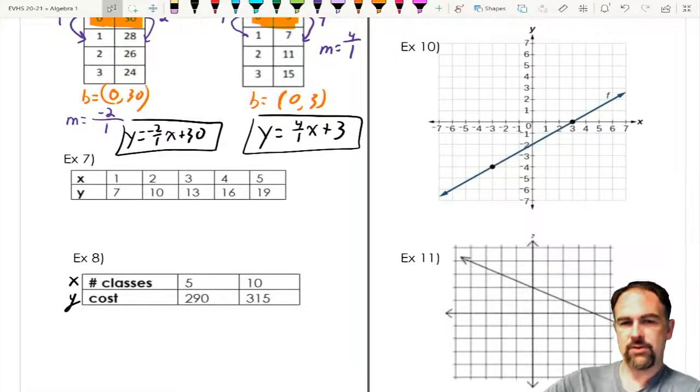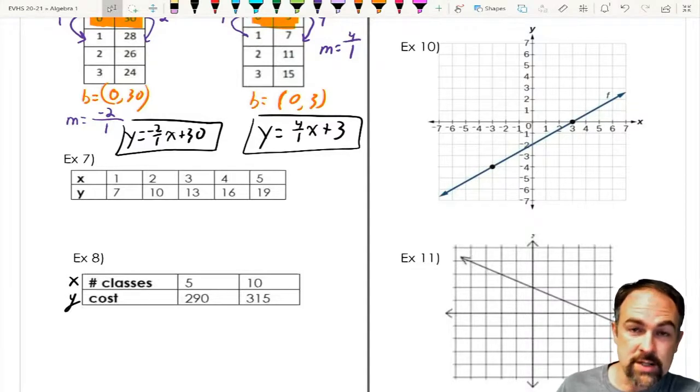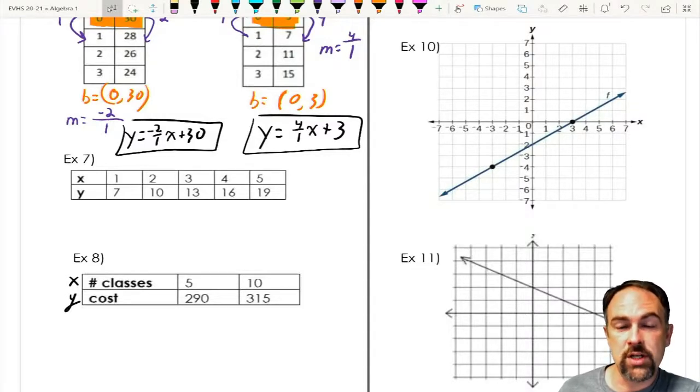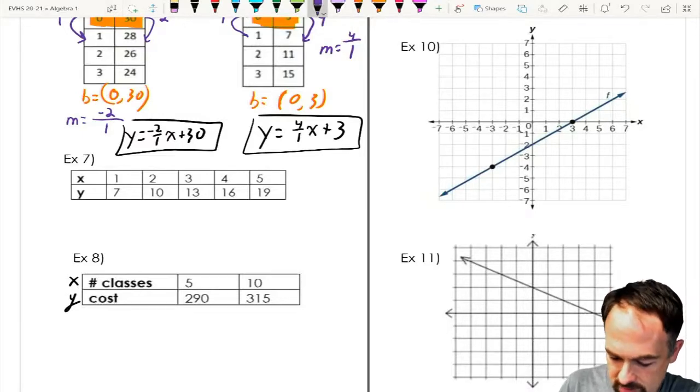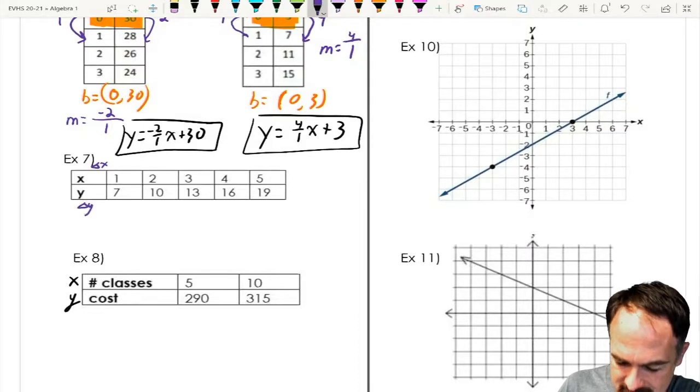Now let's jump down to number 7. Again, this one doesn't have a y-intercept, so the only thing that we're changing is we're writing the equation in point slope instead of slope intercept. Now, remember that our delta x is up here and our delta y is down here. Our delta x from 1 to 2 is 1. Our delta y from 7 to 10 is positive 3.